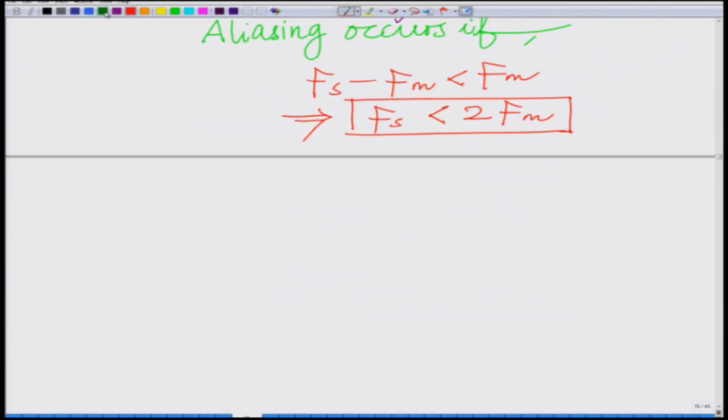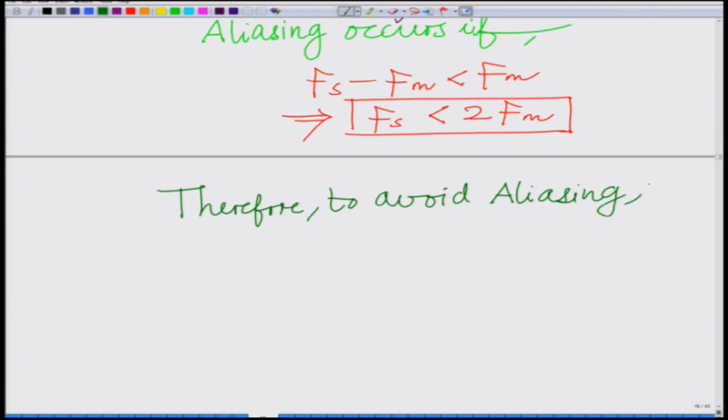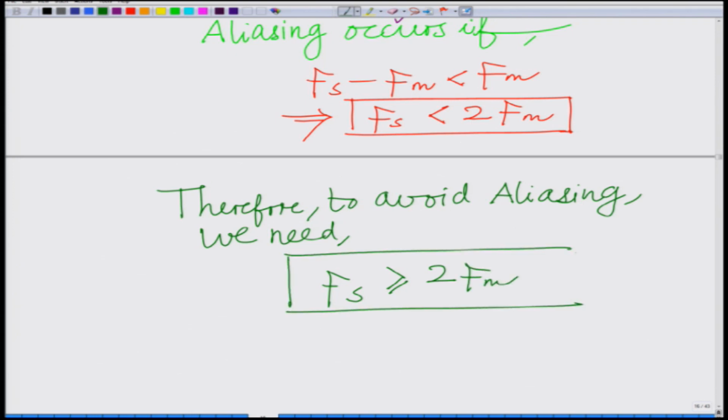Therefore, to avoid aliasing we need Fs greater than or equal to 2Fm, that is the minimum sampling frequency to avoid the distortion caused by aliasing, where Fm is the maximum frequency.